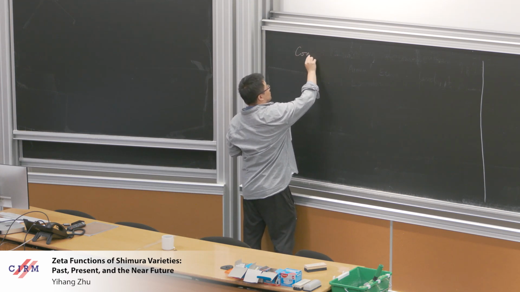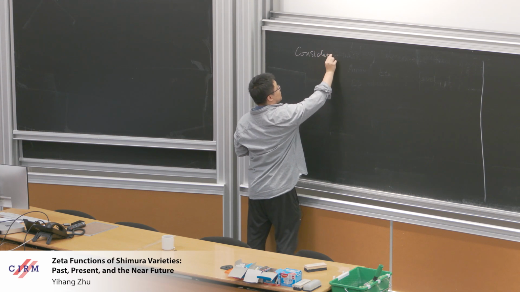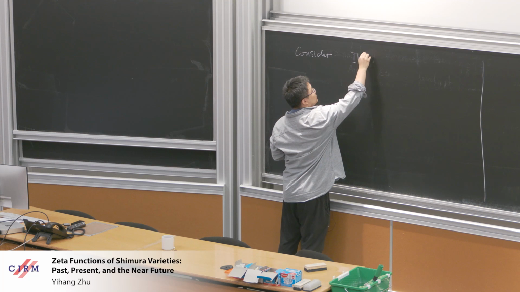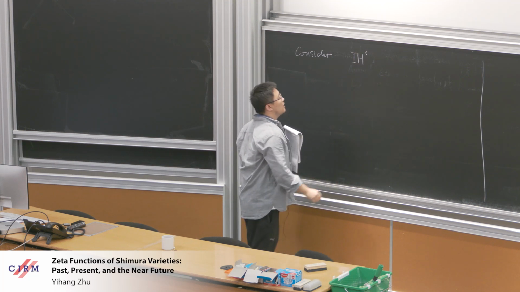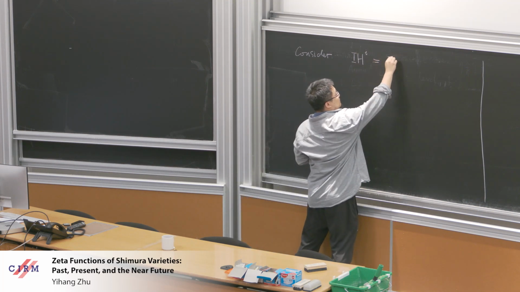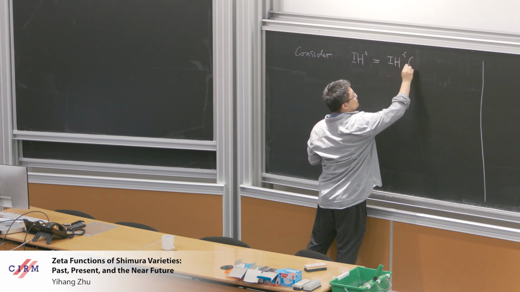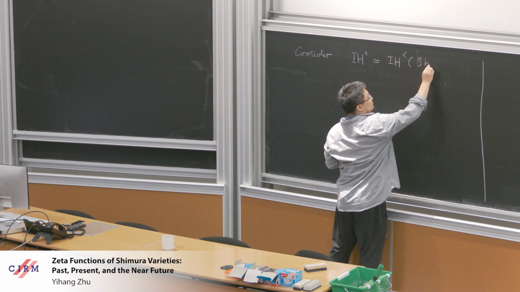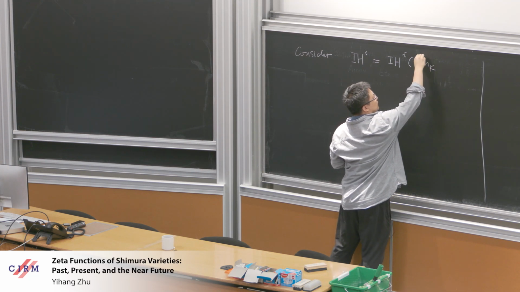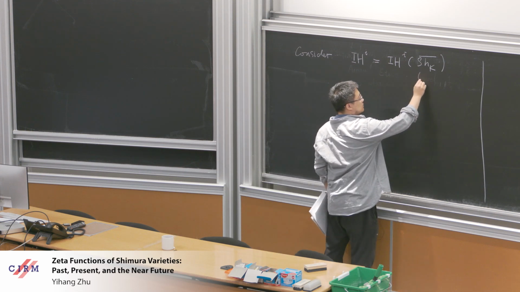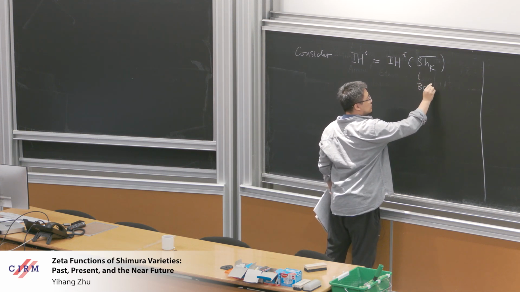So what we need to consider is the intersection cohomology. So let me simply denote by IH^i the intersection cohomology of the Baily-Borel compactification. Okay, so this is the Baily-Borel compactification.